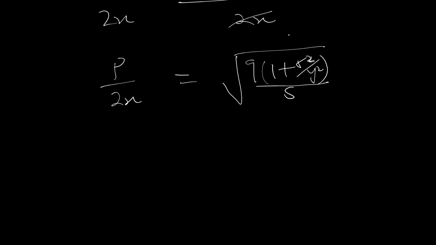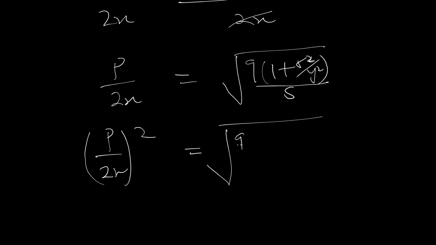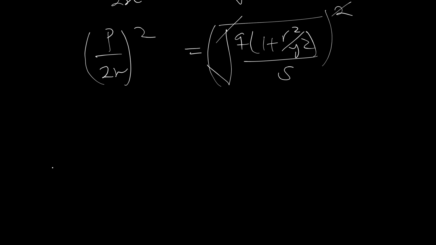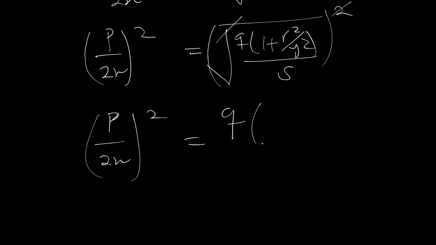Now we can get rid of the square root sign by squaring both sides. So if you square here and square here, the square cancels the square root. So then our p over 2x all squared will be equal to q multiplying 1 plus r squared over y squared all over s.